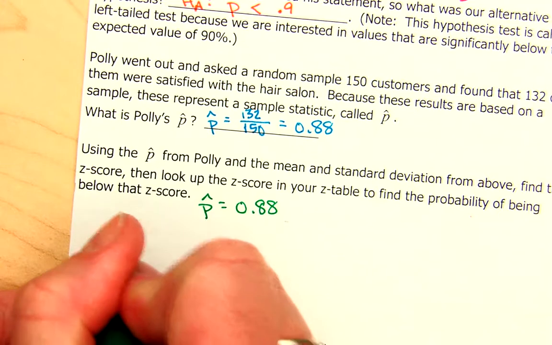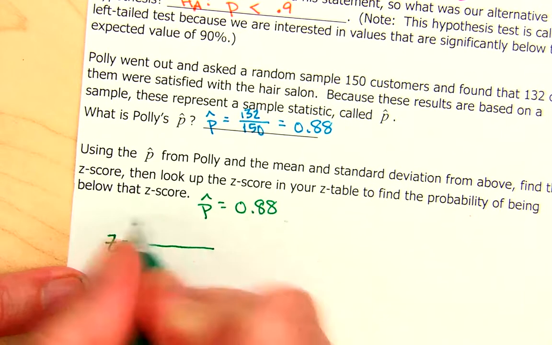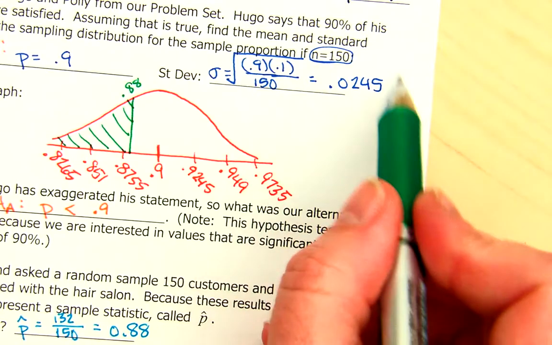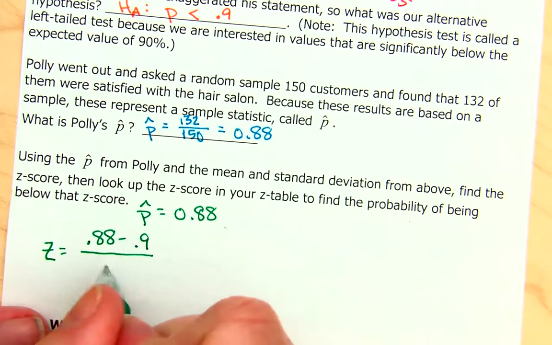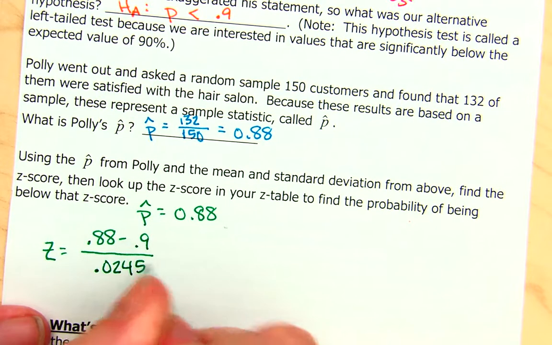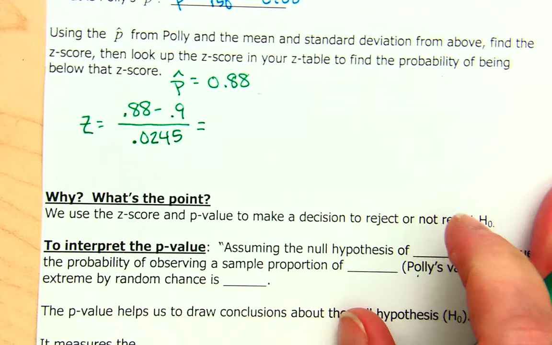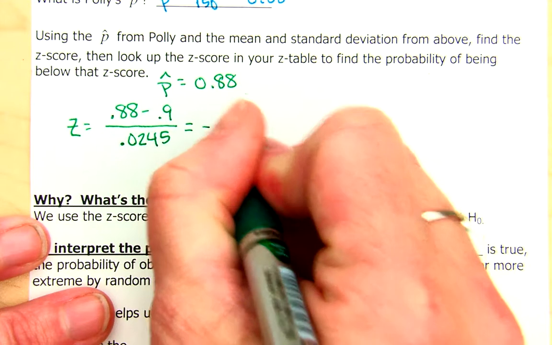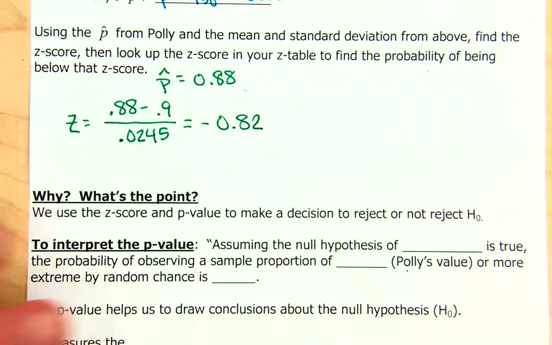So I can find a z-score by doing our value, this 0.88, minus the mean, which was 0.9, over the standard deviation, which we already calculated up here to be 0.0245. I'll get a z-score of negative 0.82.